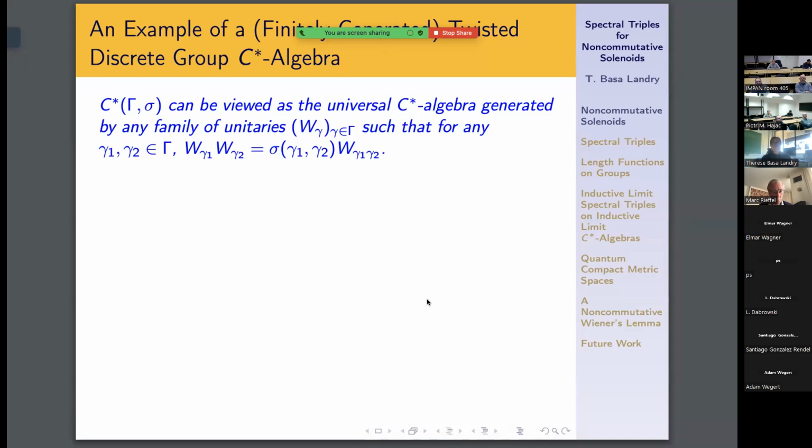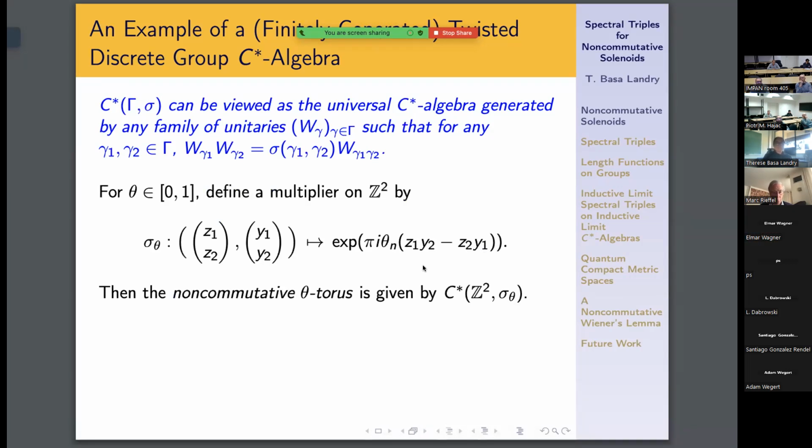A twisted group C-star algebra can also be viewed as a universal C-star algebra, namely the one generated by a family of unitaries indexed by the elements in the group. The twist, or the multiplier, plays the role in defining the commutation relations between any two of these unitaries. So if we take, say, the discrete group Z^2, we could define a multiplier in this way.